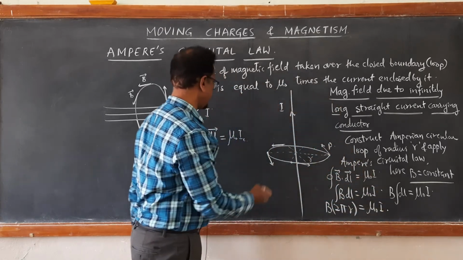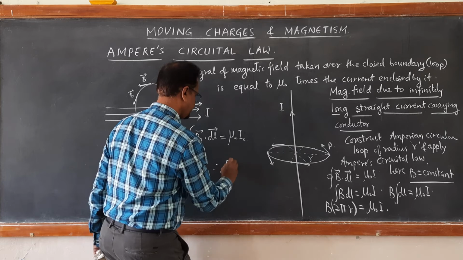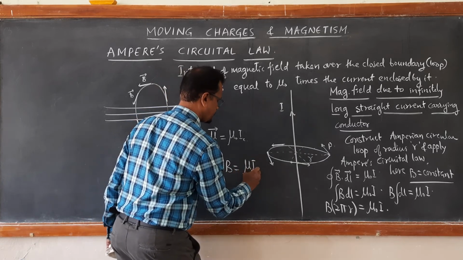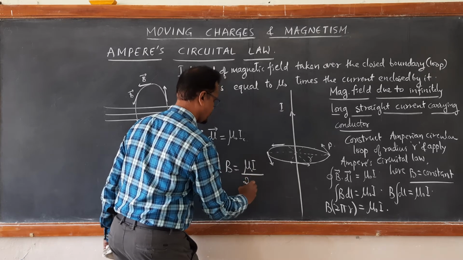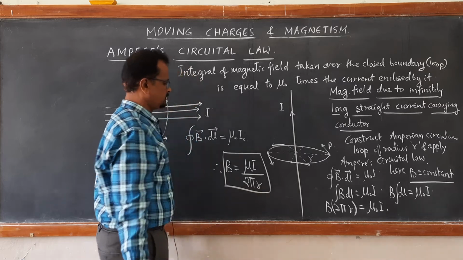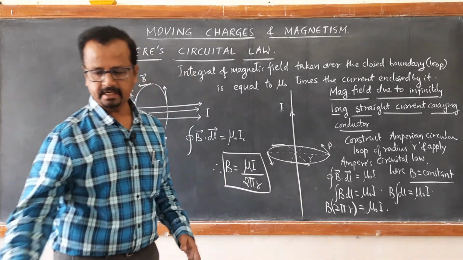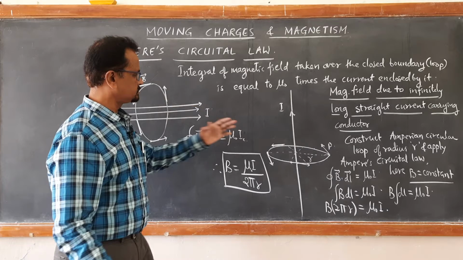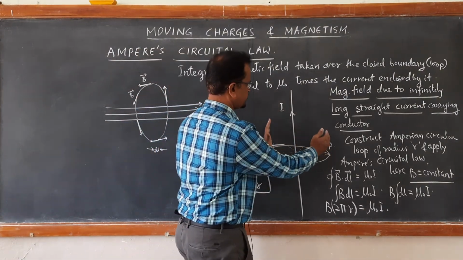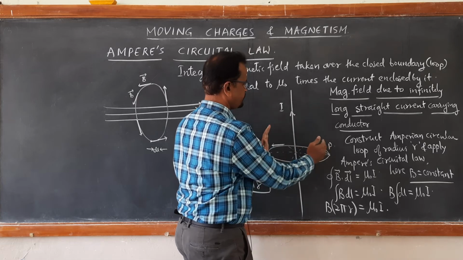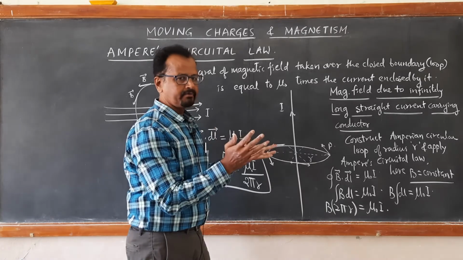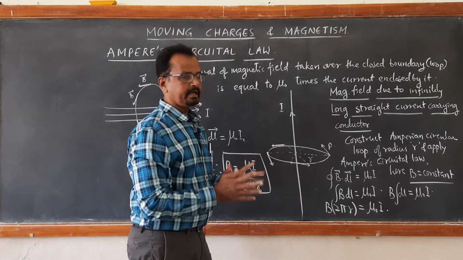Therefore, the magnetic field B is equal to mu naught I by 2 pi r. This is the magnetic field due to an infinitely long straight current carrying conductor. Everywhere at the same distance the magnetic field is constant, so you have a cylindrical symmetry of magnetic field around the current carrying conductor.